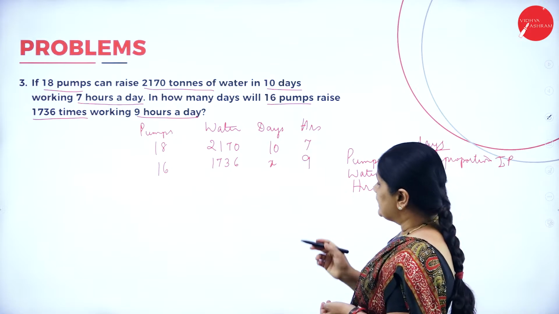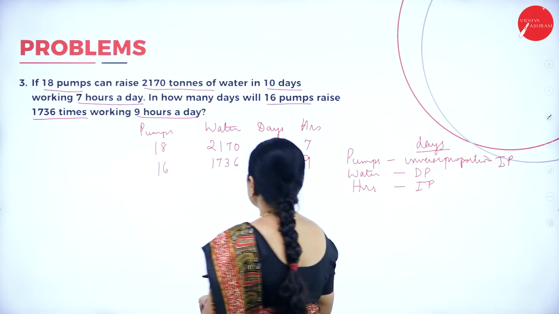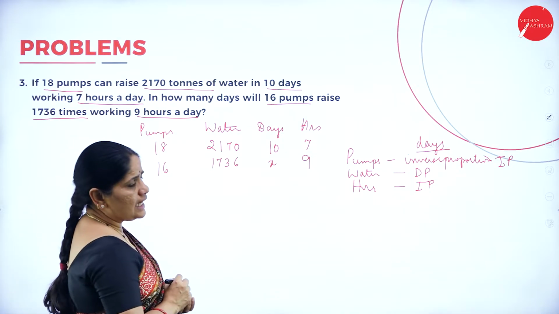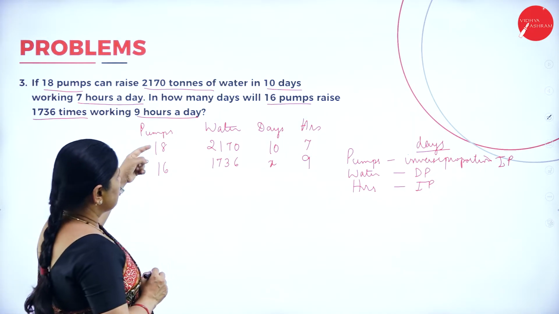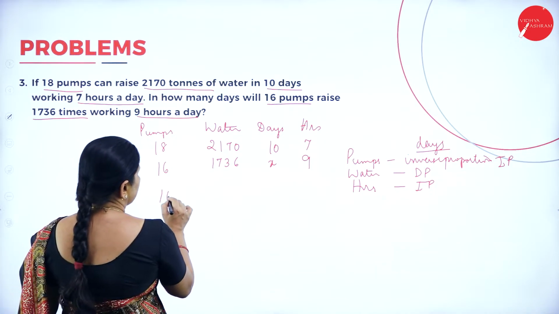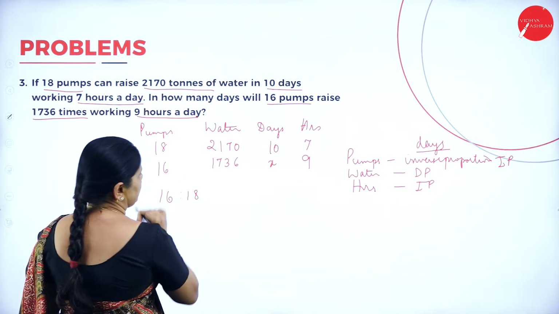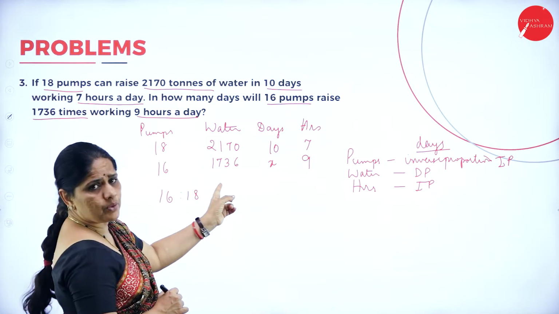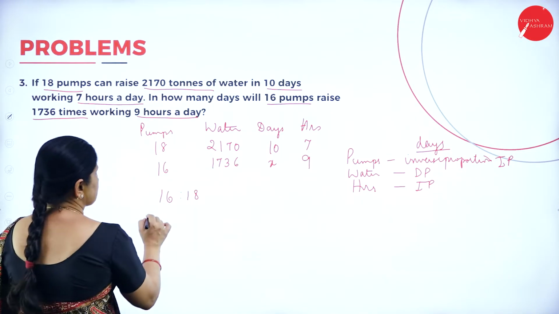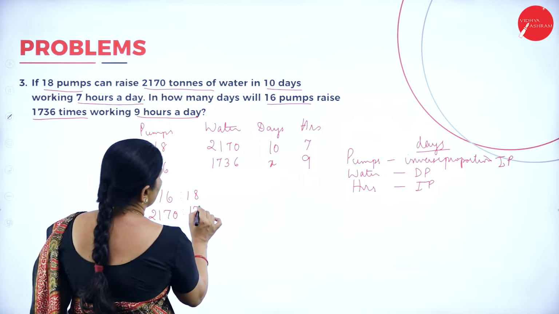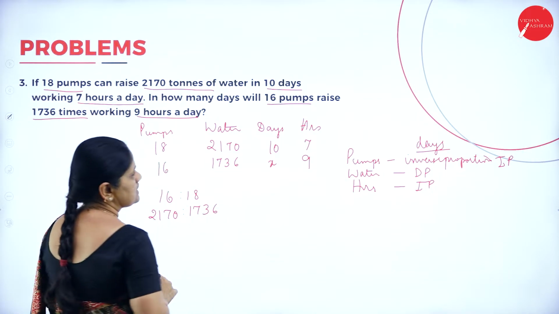Now I write down this equation. The pumps and days are in inverse proportion. So this is 18 by 16, and I write it in inverse, 16 is to 18. Then water and days are in direct proportion, so I write it as it is, 2170 is to 1736.